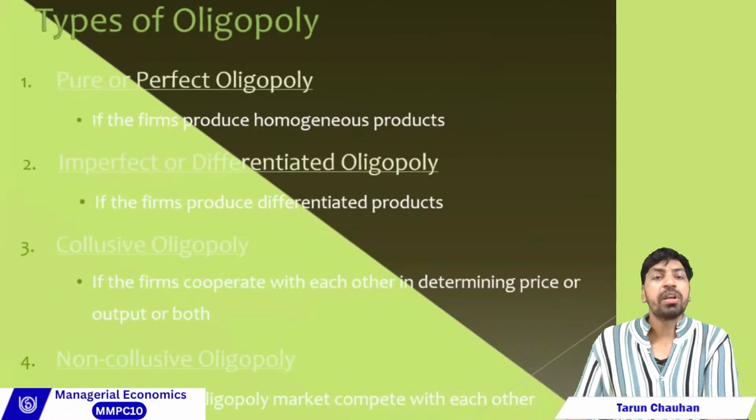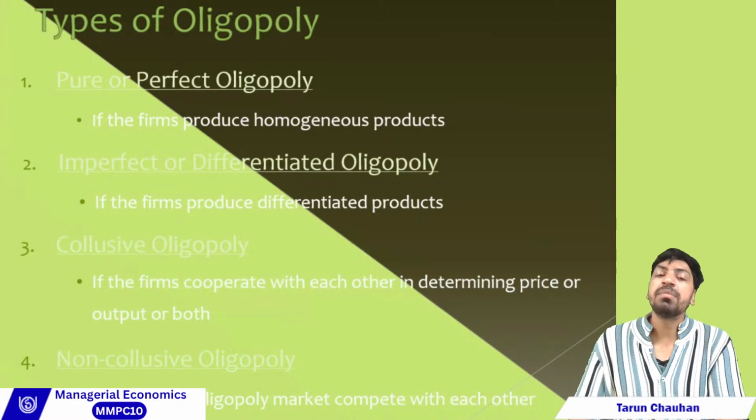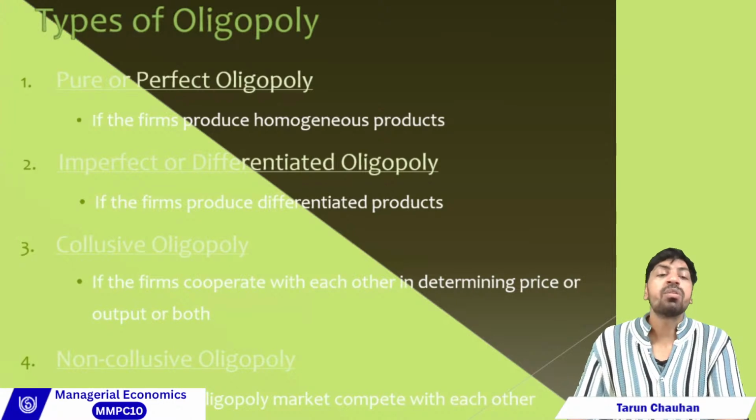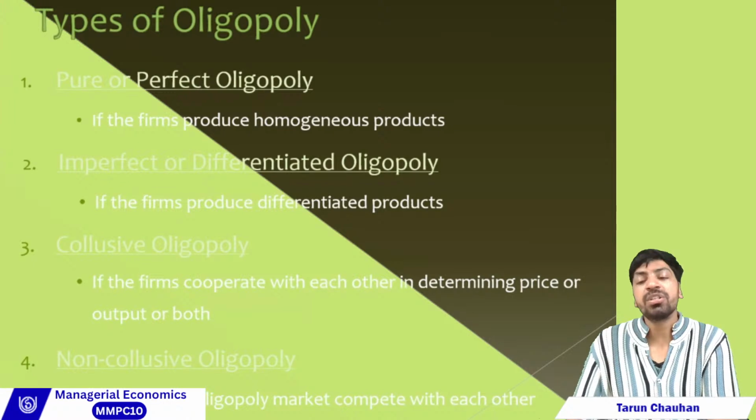Types of oligopoly: we talk about the perfect oligopoly if the firms produce homogeneous products. Differentiated oligopoly when firms produce differentiated products. Collusive oligopoly when the firms cooperate with each other in determining price and output or any one of them or both. Non-collusive, then they behave or have competition with each other.